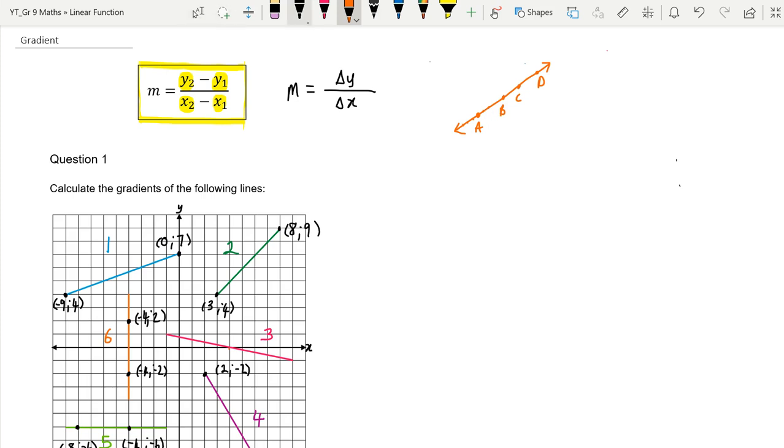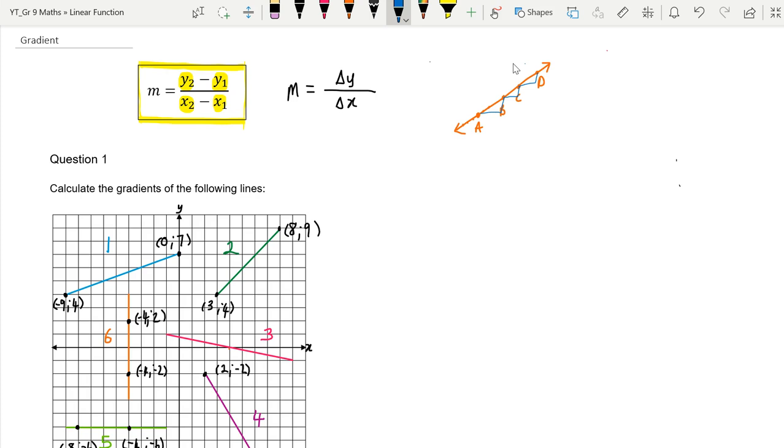Now, the thing with a gradient is that it is consistent for a straight line. What do I mean by that? If we were to get the gradient between point A and point B, it would give exactly the same answer if we try and get the gradient between B and C, and if we get the gradient between D and C. So a straight line has a constant gradient. The gradient doesn't change for a linear function.